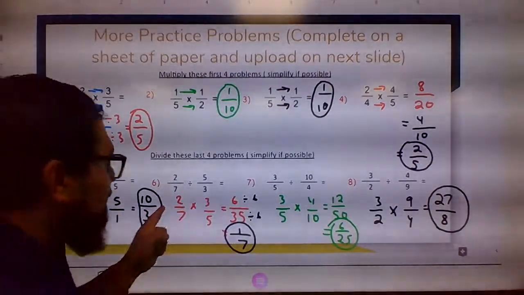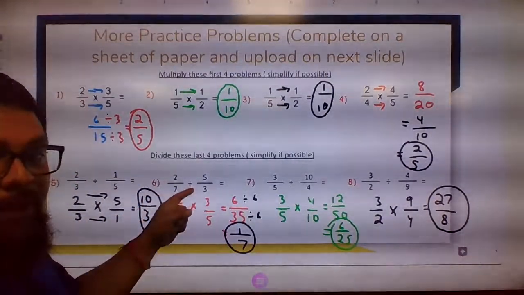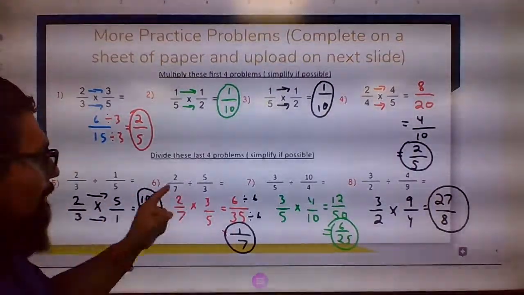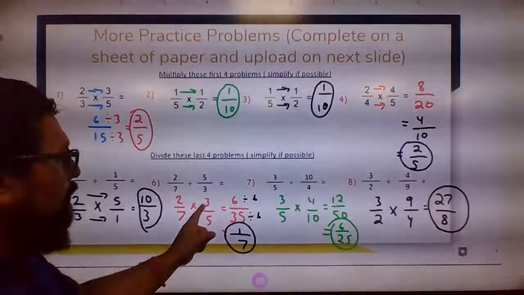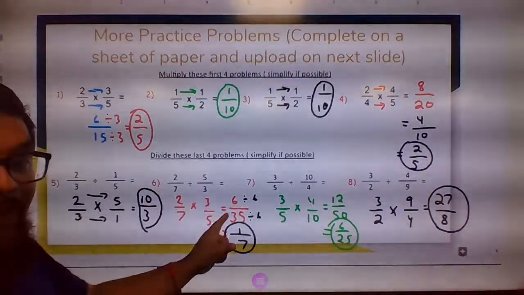Number 6 was 2/7 divided by 5/3. Remember, keep the first one, change it to multiplication, and flip it. So when you flip it, now you're going to get 2 times 3, which is 6. 7 times 5 is 35. You can still simplify this.